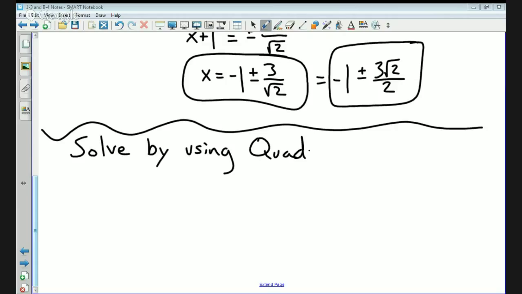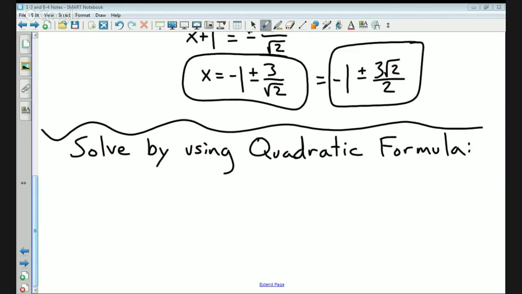The quadratic formula will work for any quadratic equation that you're given. It will always work, always give you an answer. And I've known some people that all they remember is the quadratic formula, and they don't care about anything else.